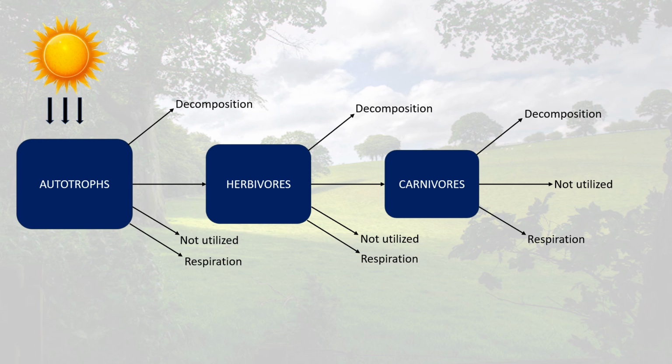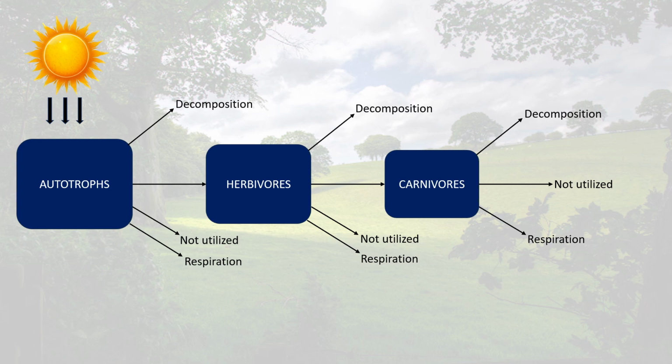Because autotrophs have so much more energy, not all of it can be transferred to the herbivores. But when a carnivore eats a herbivore, it eats its whole body, so it gets more energy from the herbivore.